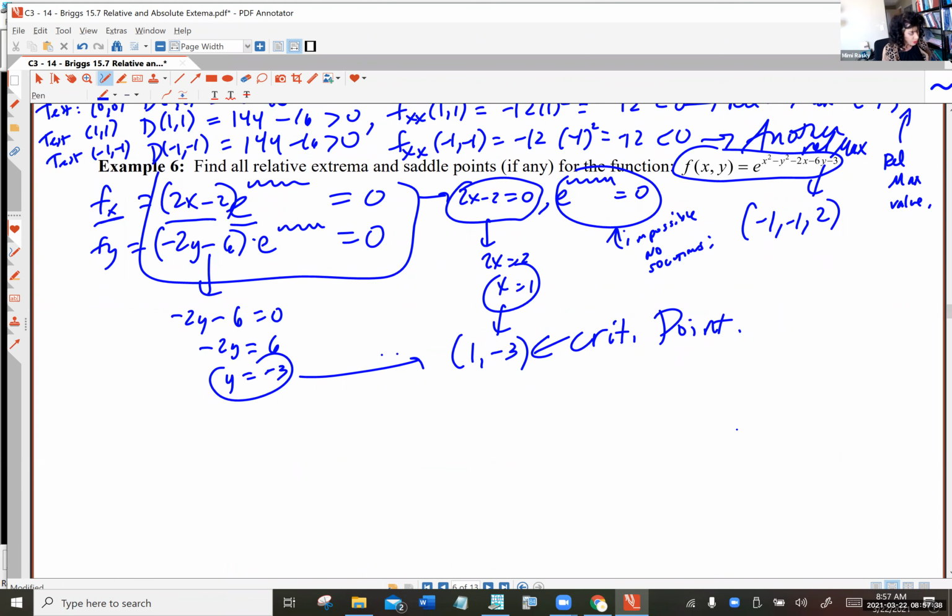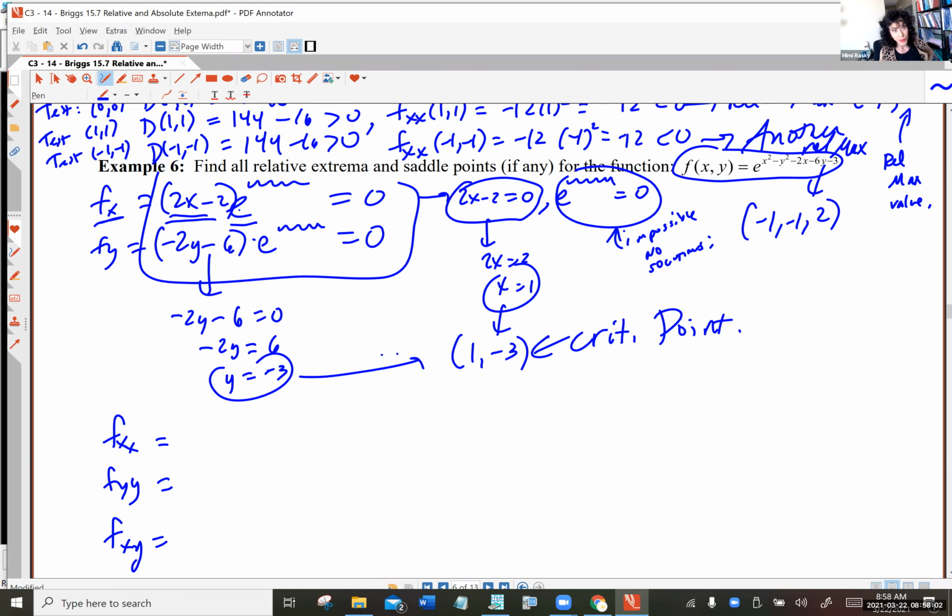So let's do these partials separately, because that's where the tears are going to start. But it's not bad if you just think it through. fxx: fx is a product of 2x minus 2 and that horrible exponential. You're going to need the product rule.